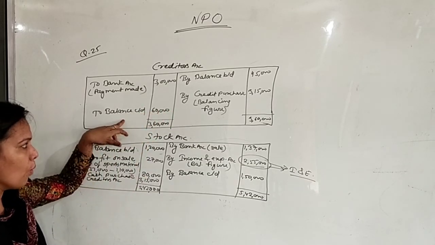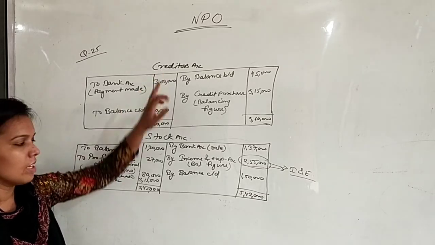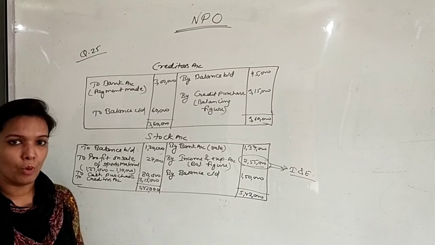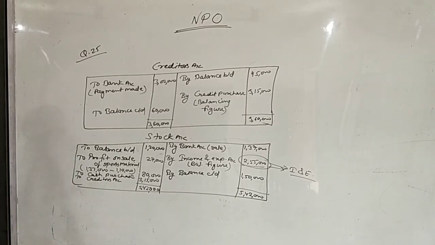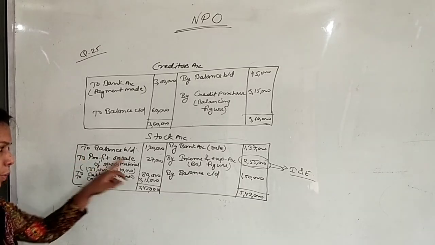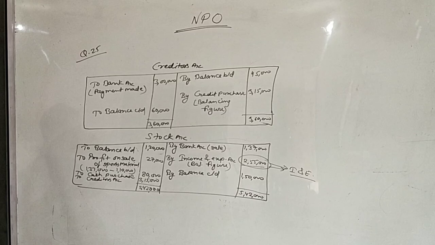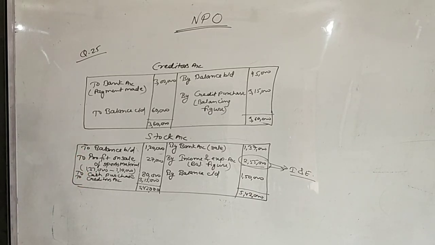Means these are the closing balances of stock and creditors, so the closing balances of both will be shown in the balance sheet. Profit on sale 27,000 will go in income and expenditure account. So these were the items that we will show in our final accounts.